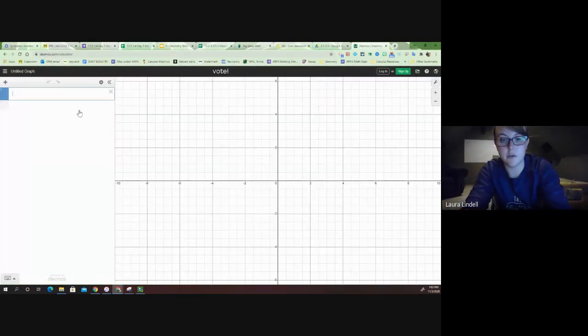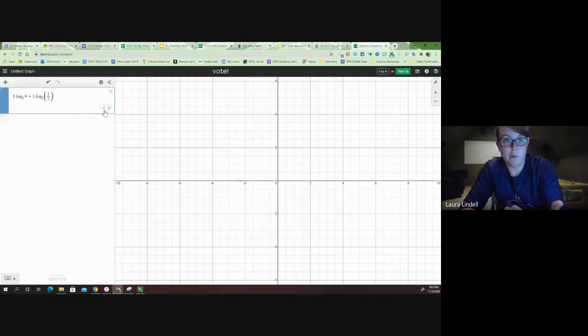So you could go 3 log base 2 of 8 plus 5 log base 2 of 1/2. And it would tell you that it is 4.